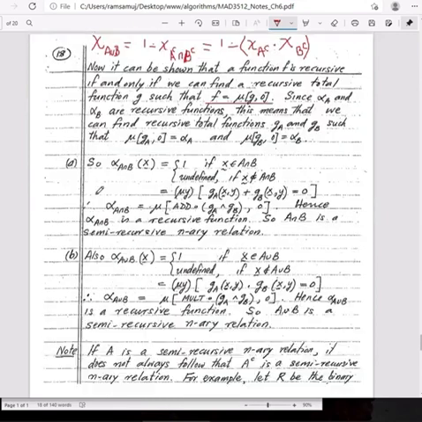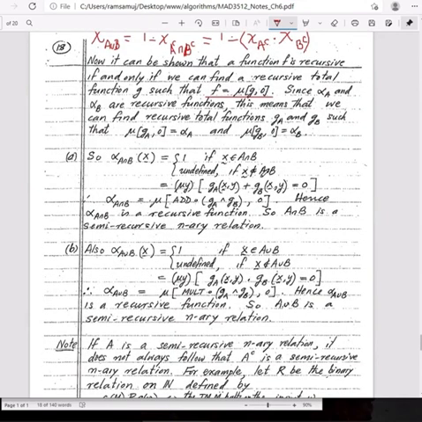So how do I get a program for this? I get a program for alpha of A intersection B is 1. This is the definition here. So it's 1 if you're in A intersection B, and it's undefined if you're not. So what you do, you look for the smallest value of y, such that g of A of x comma y plus g of B of x comma y is equal to 0.